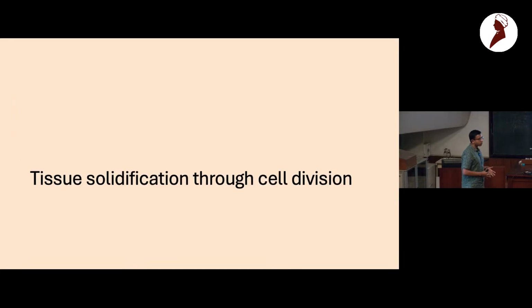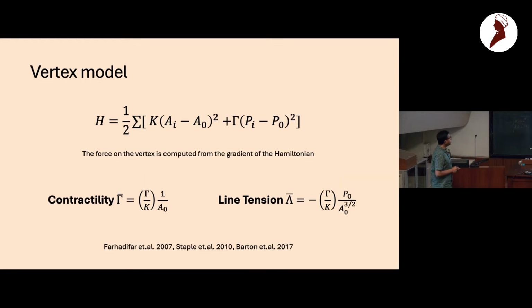So let's go through the first question, which is whether you can have tissue solidification through cell division, okay? And our tool of choice is the vertex model, okay? The canonical vertex model has this energy function or Hamiltonian, which has this bulk modulus, and this is the perimeter elasticity. And it also has two parameters called the preferred area A0 and the preferred perimeter P0, okay?